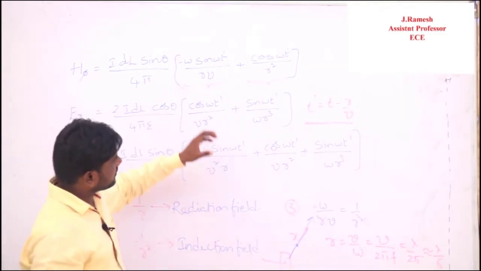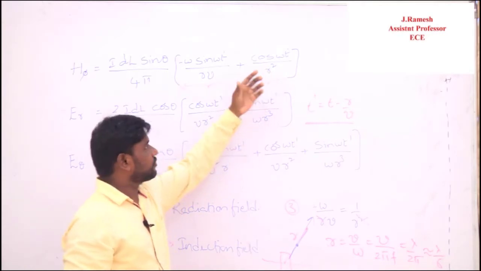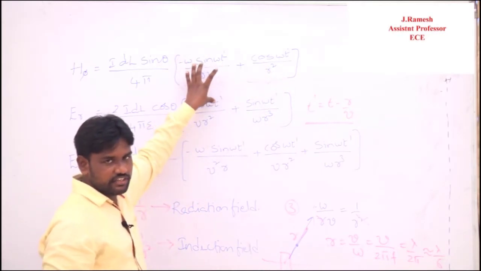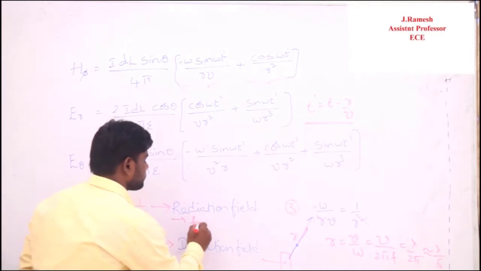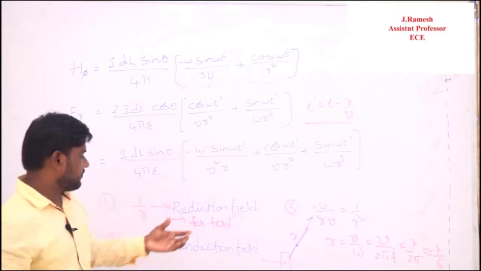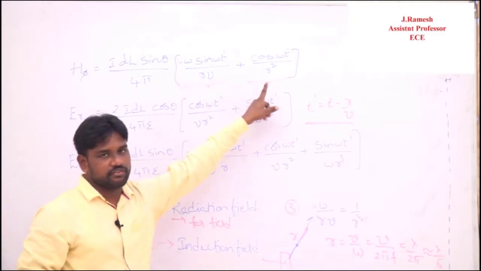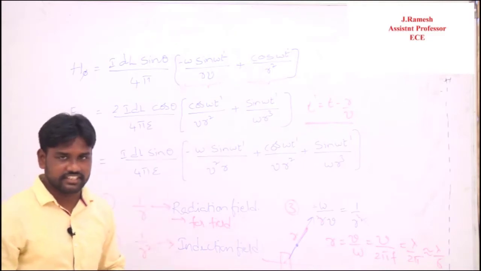For that condition, the r square term diminishes, so we have only the radiation field. You can name this the far field. At those long distances only it acts, and the remaining term vanishes. That is also one of our significances.